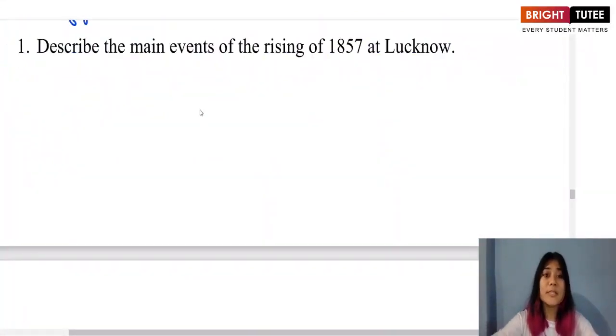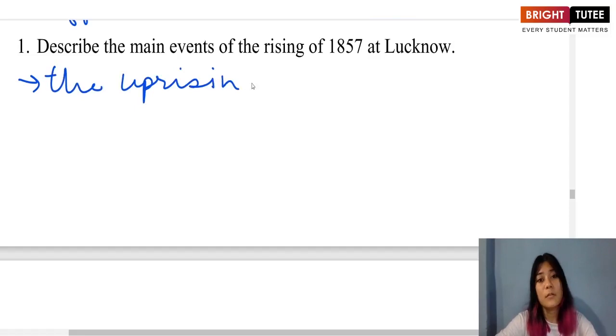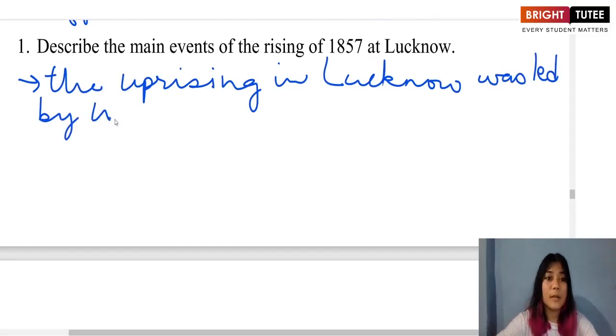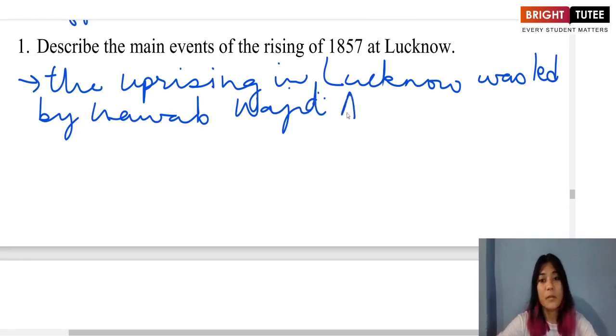The next question, describe the main events of the uprising of 1857 at Lucknow. The uprising in Lucknow was led by Nawab Wajid Ali Shah.